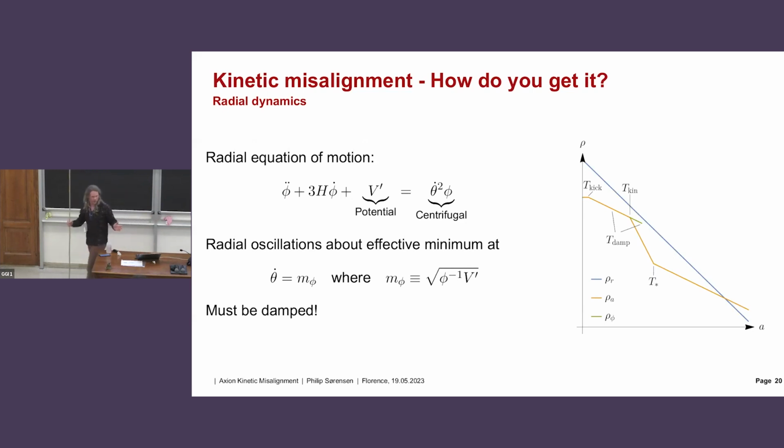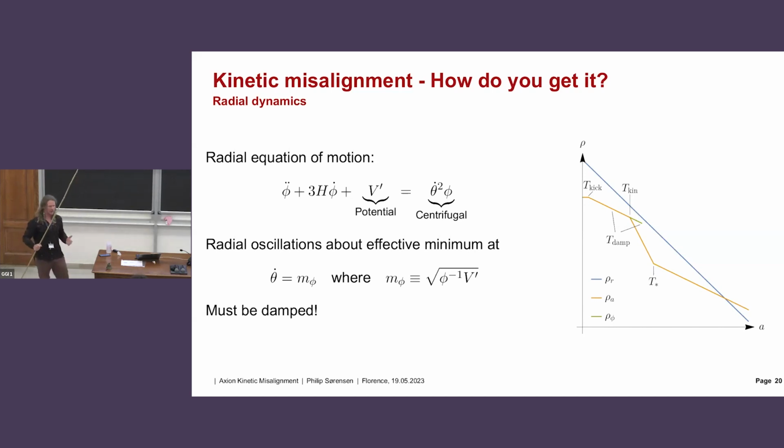One thing you have to do really carefully when you do this is care about the radial dynamics, because you don't just get a rotation, you also get radial oscillations. You're not oscillating around the origin because you're competing with the centrifugal term. So this is really a Kepler problem. You have an elliptic orbit oscillating about some effective minimum set by the angular velocity.